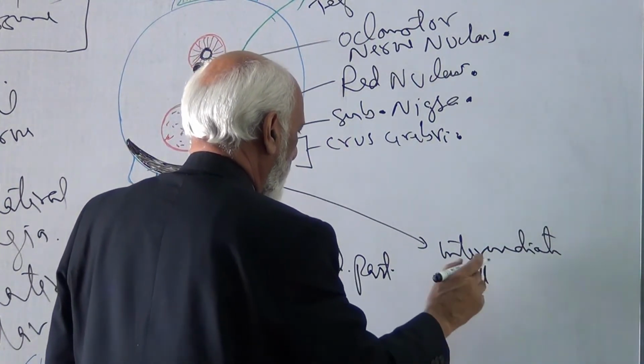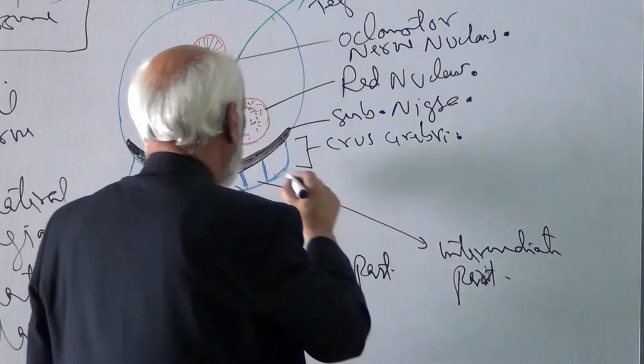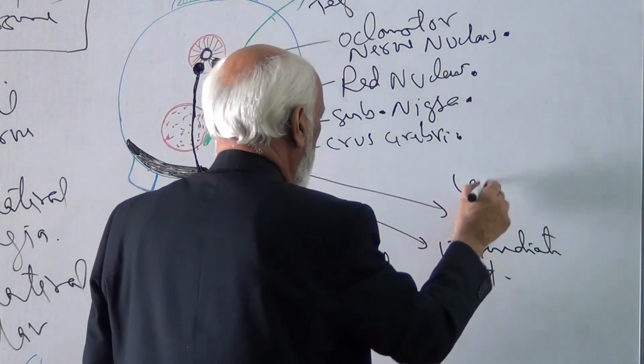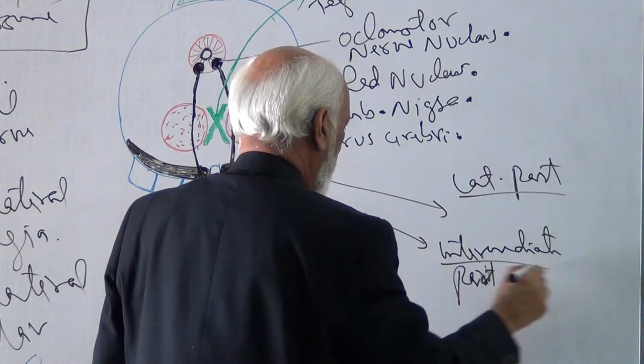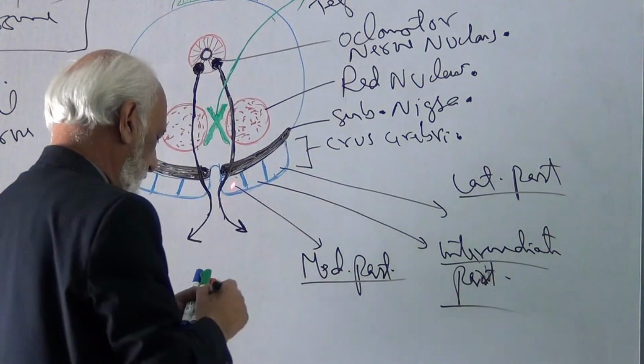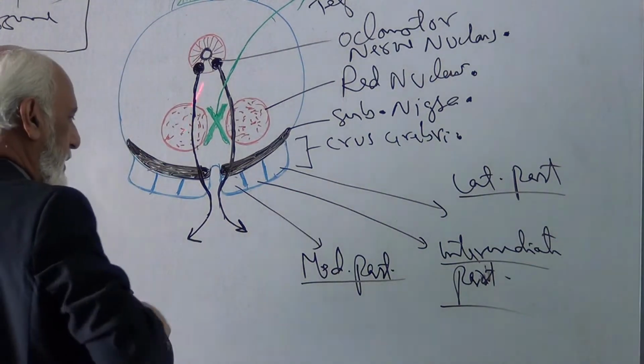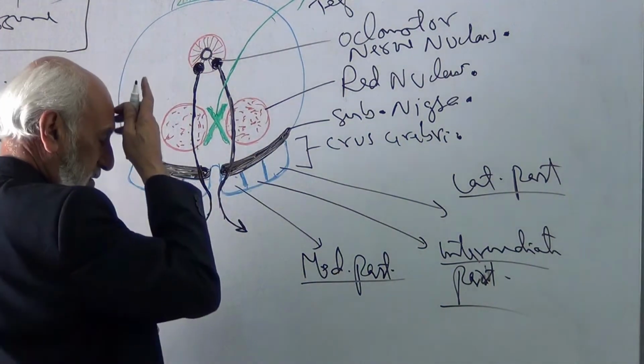of the crus cerebri. This is the lateral part of the crus cerebri, and we already talked about the descending tracts in this region.